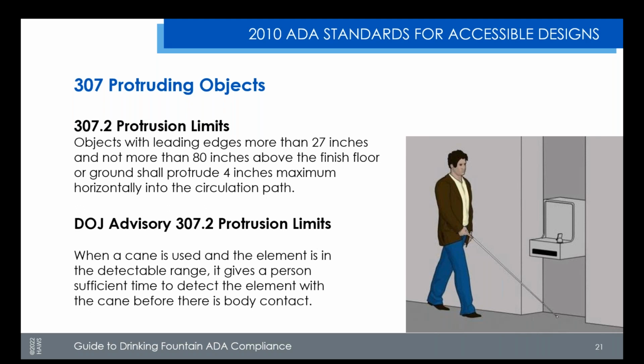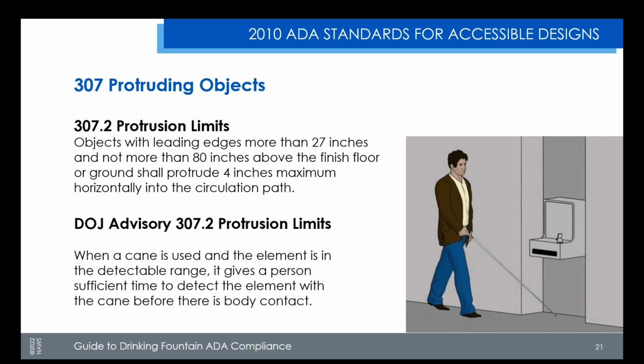Elements may only protrude into a walkway so much and have to be located at certain heights, whether they're in an alcove or not. Doesn't matter. So this is to prevent anyone with a complete or partial loss of sight from running into those elements.